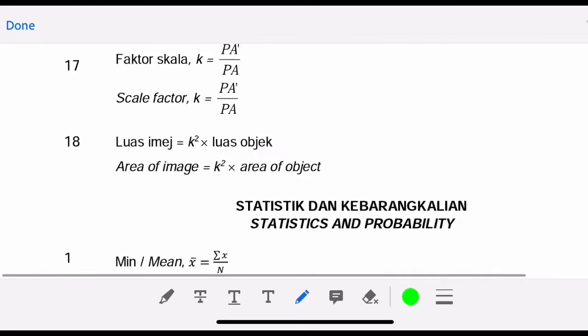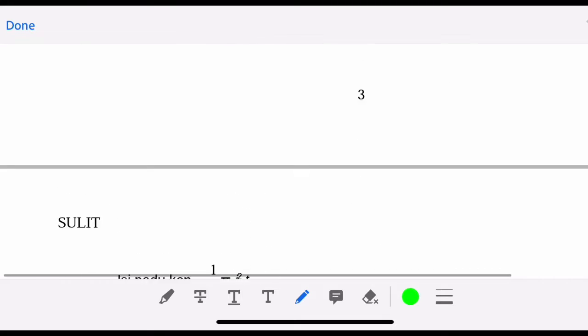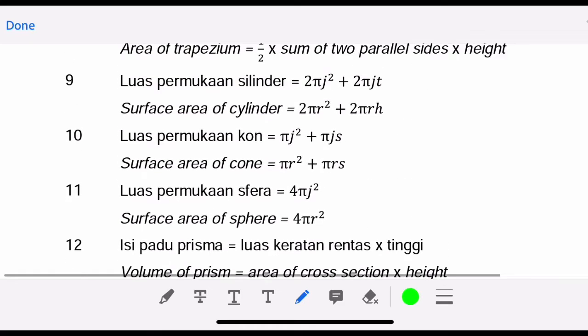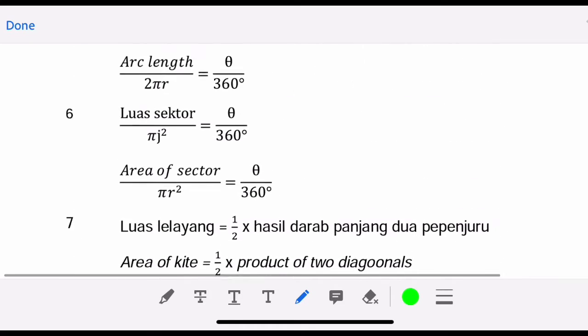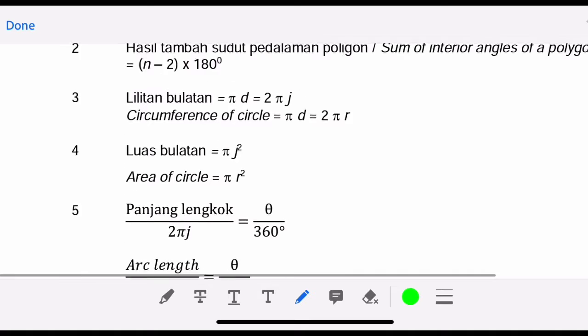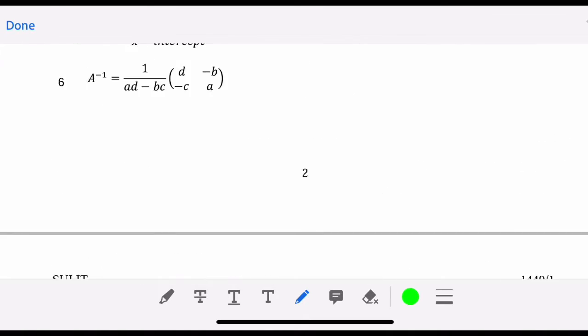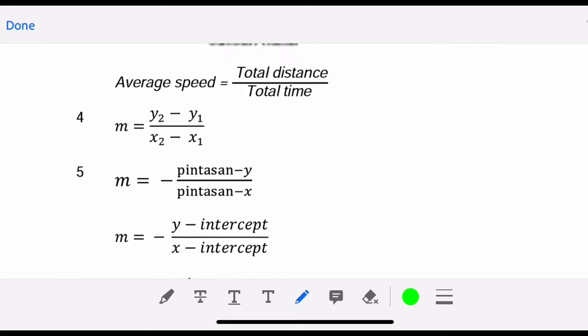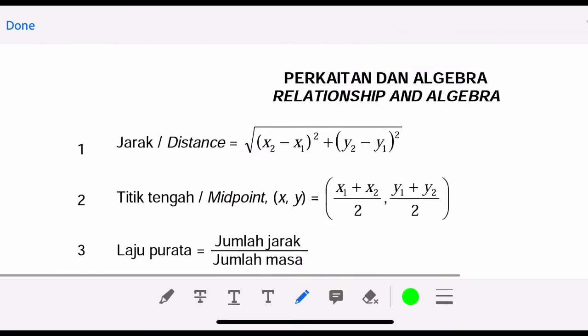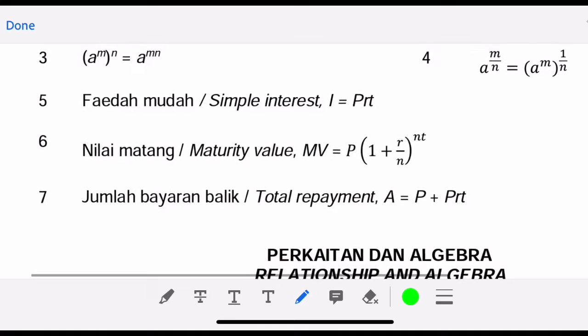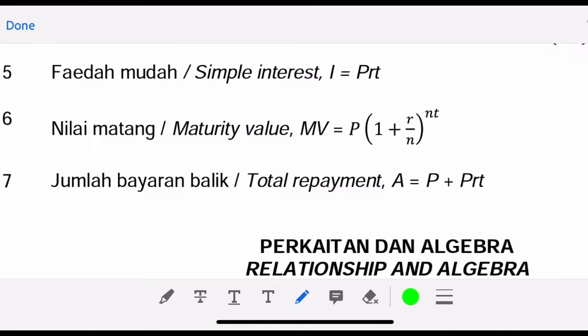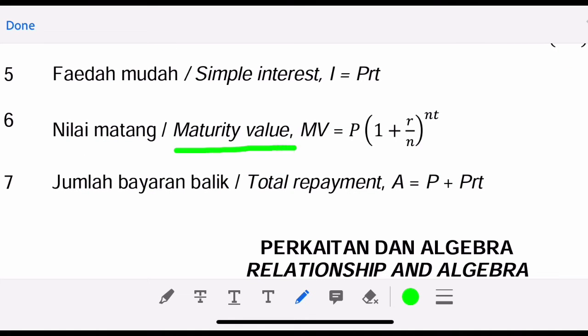This is statistics, right? This one is all your basics from Form 1 to Form 3. Okay, this is about theorem Pythagoras. This is matrix, right? Now, maturity value.